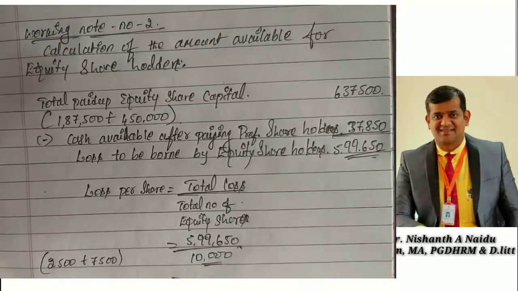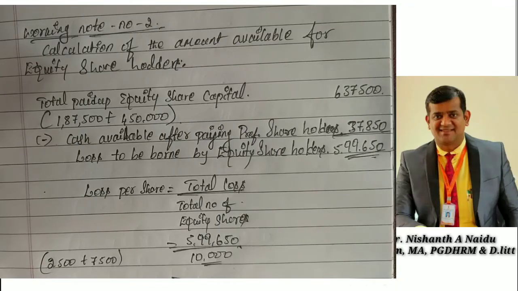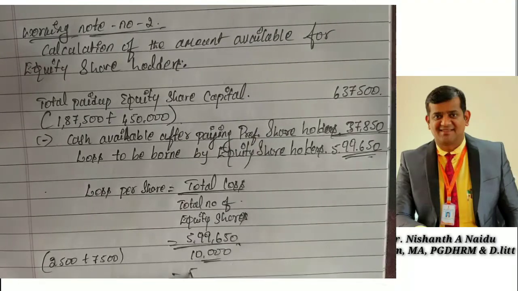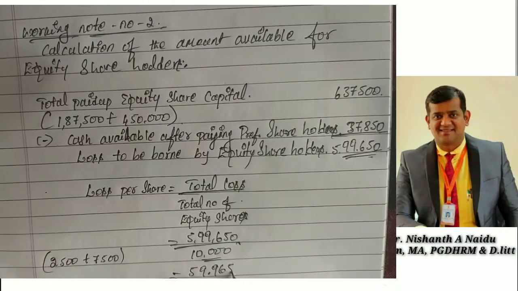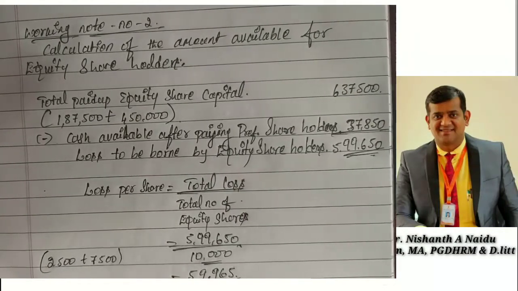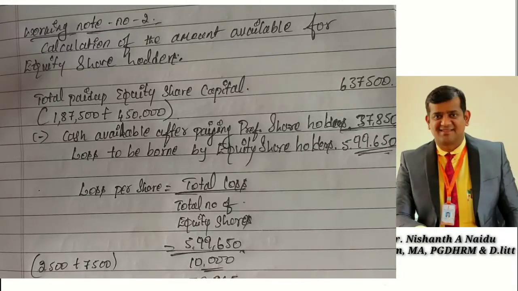So 5,99,650 divided by 10,000 is 59.965. 59.965 is the loss per share.